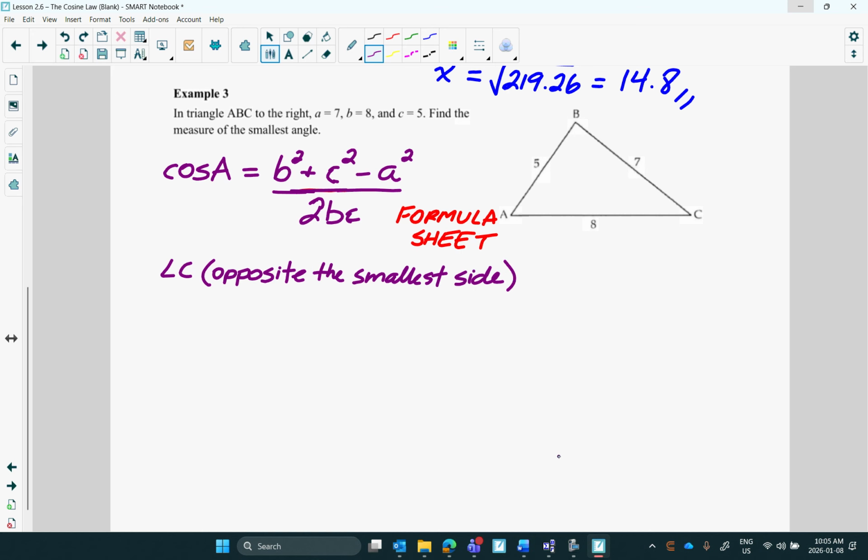So therefore, the cosine of capital C will be, well, little c goes here. The side opposite this angle we're trying to find goes there, which means the other two numbers go here, being squared and added together. 7 squared and 8 squared. And those two sides are also on the bottom being multiplied together by 2.